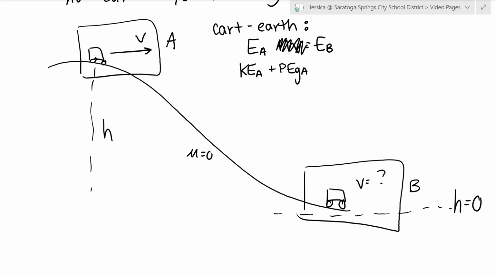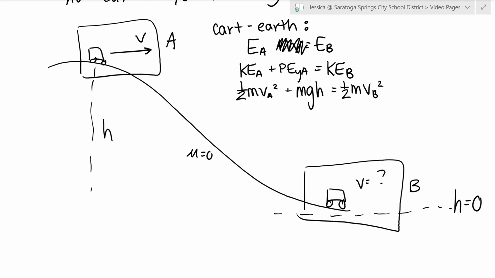At B, I've defined B as the zero height, so that means there's no gravitational potential energy. So I only have a kinetic energy at B. So I have 1/2 m v_A squared plus m g h equals 1/2 m v_B squared.